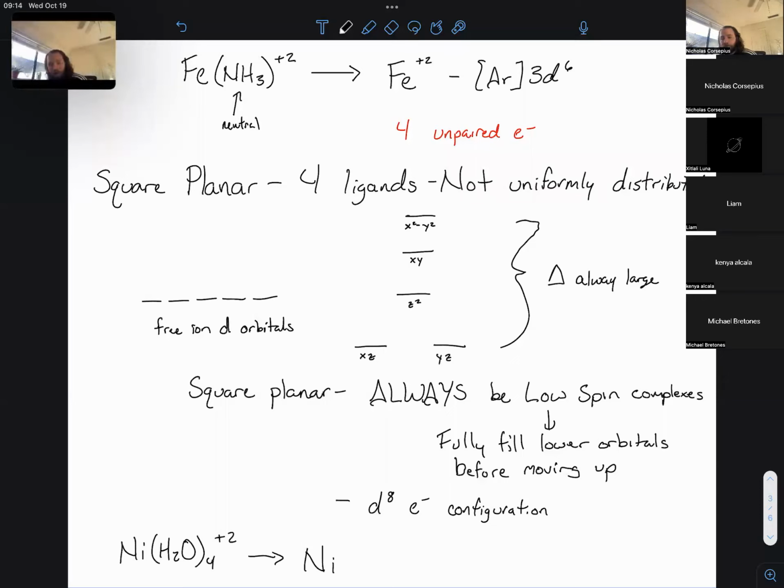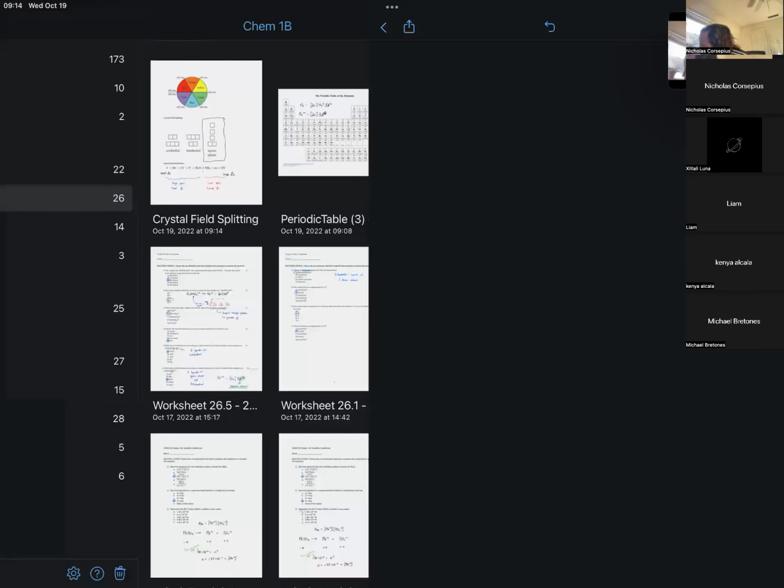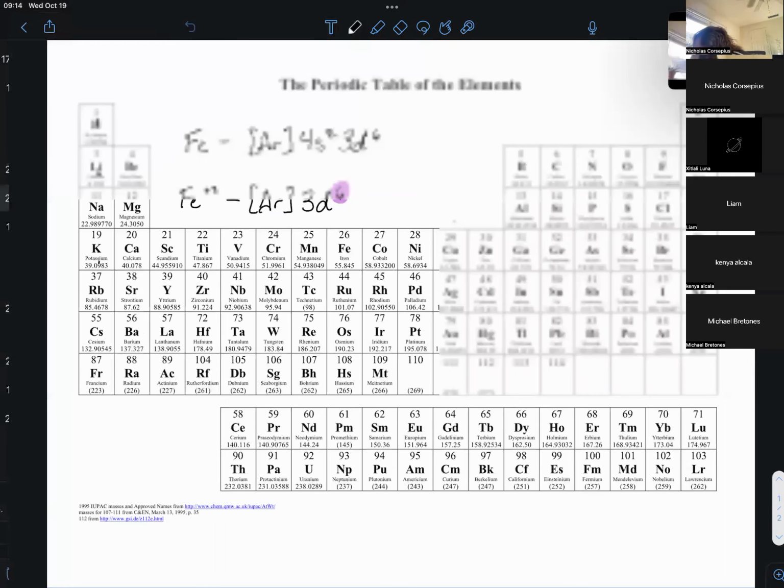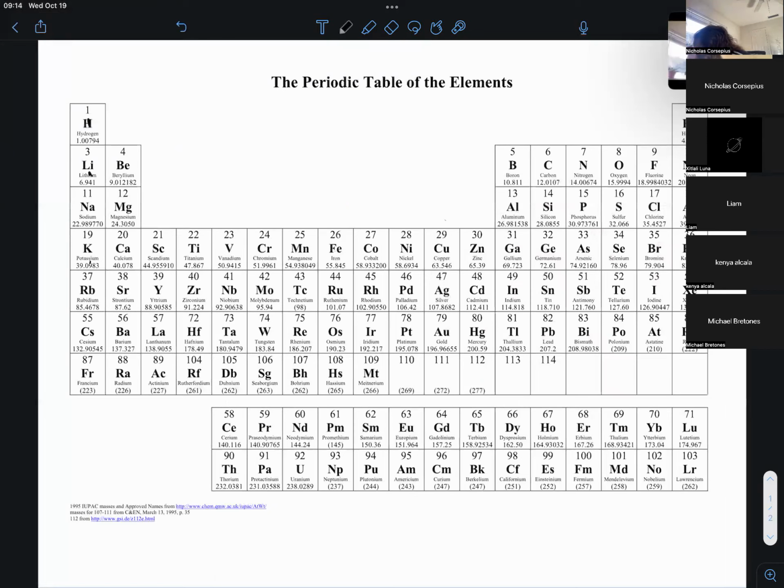Water's another neutral ligand, so the oxidation state of my metal would just be nickel with a 2+ charge. Going back to our periodic table, we have to figure out what the electron configuration for nickel is with this +2.